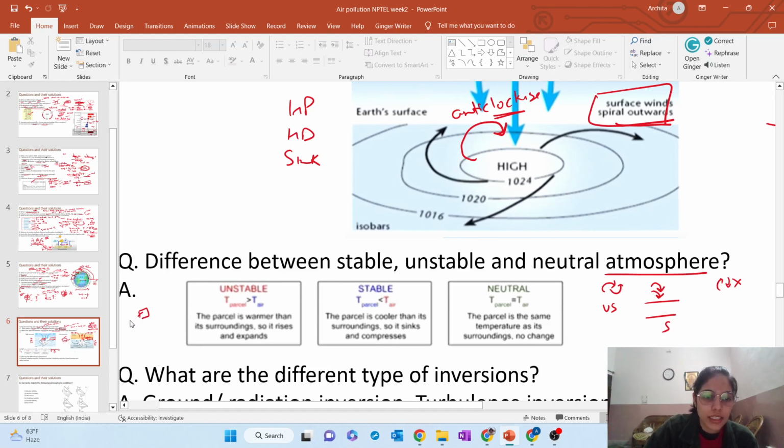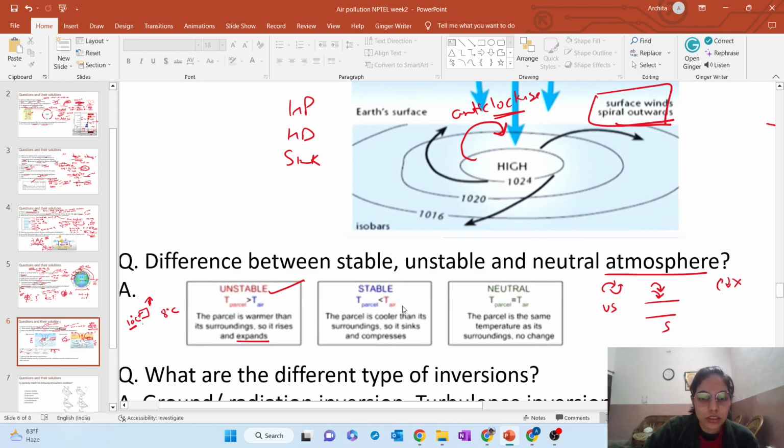If this air parcel is, let's say, 10 degrees Celsius, and the outside air is 8 degrees Celsius, what will happen? Because of its high temperature, warm air, it rises. So when the air parcel is warm or has high temperature, it expands, leading to the unstable atmosphere.